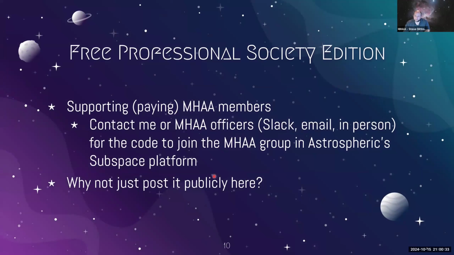Or what I can probably do is create a page. There's ways to create links off of our member accounts. We could add a link off the member account that would take you to a page guarded to only active members on the website that would have the code. But for the time being, I think I'll go on Slack and request a key. Yeah, just ping me on Slack or send me an email and I'll send you the code.